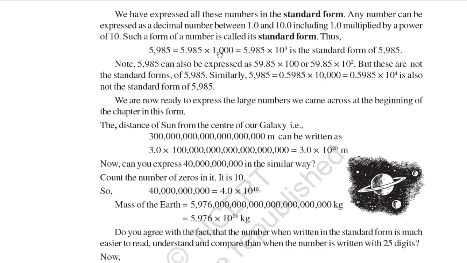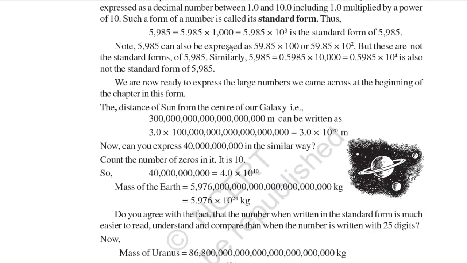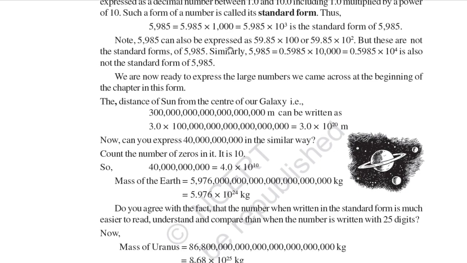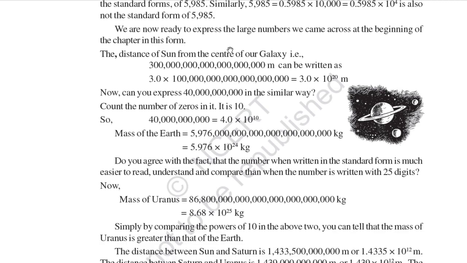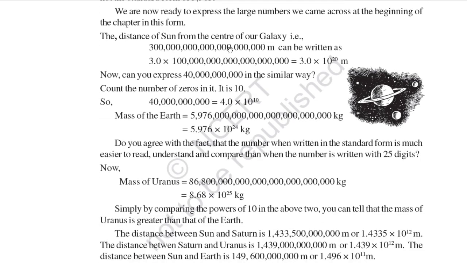We now know how to express large numbers. We came across them at the beginning of the chapter in this form. The distance of the Sun from the center of our galaxy, that is 3 followed by zeros, can be written as 3.0 into 10 to the power 20. There are 20 zeros, so it will become 20 meters.